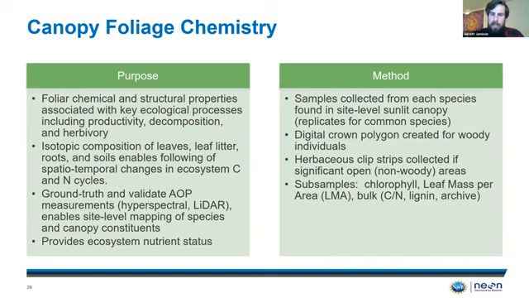We also, if necessary, at some sites, take herbaceous clip strips if we have significant open and non-woody areas. The subsamples that are taken from each individual include chlorophyll samples, leaf mass per area samples, and our bulk sample, which is then ground and split into our carbon nitrogen and lignin, isotope ratio, and archive samples.